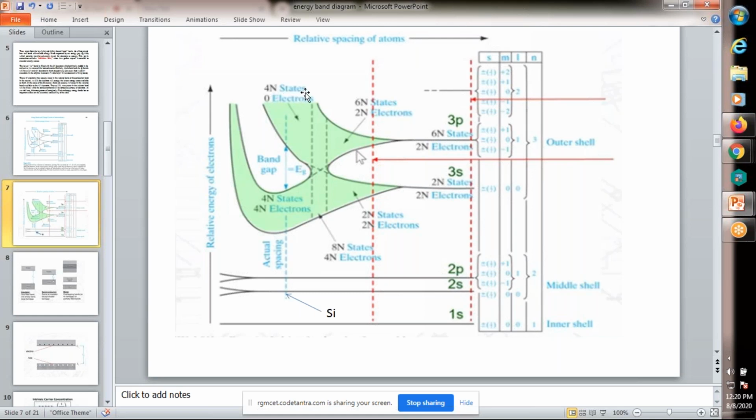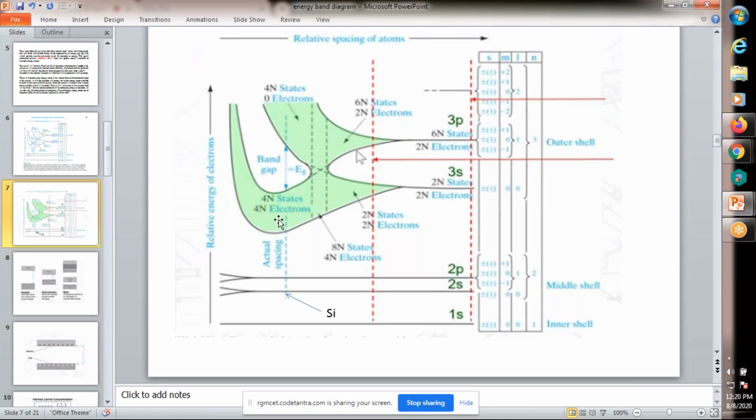How many states? 4N states. Suppose N is equal to 1, only a single atom: there are 4 valence electrons, and they are available only in the valence band. Remember that. In the conduction band there are 0 electrons, but available states exist; there is space for electrons, but the number of electrons is 0.